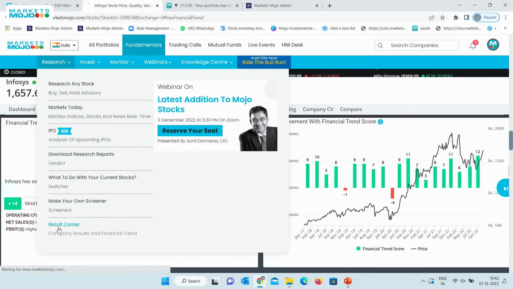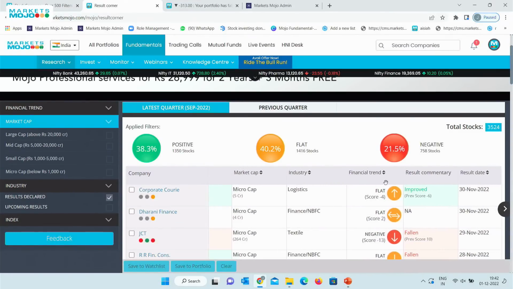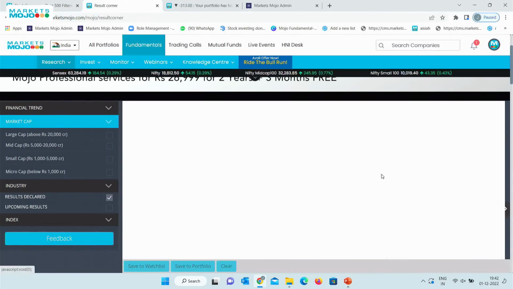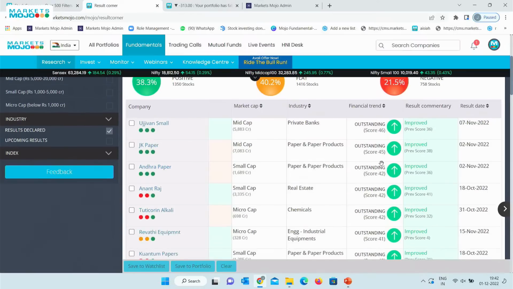Okay, I'll go to Result Corner, the last option under Result Research. And you can sort this financial trend over here. Okay, 46. So I think around an upper limit of 50, a lower limit of minus 45. That's my understanding. I'll also speak to the team on what exactly this number is. But you see, UG1 small has given an outstanding result score of 46 over here.